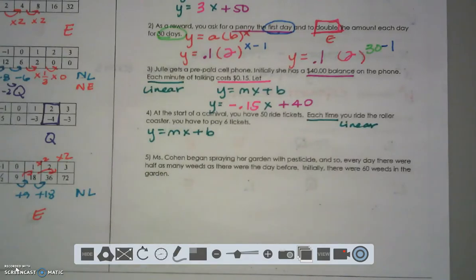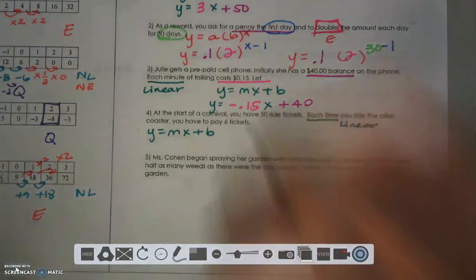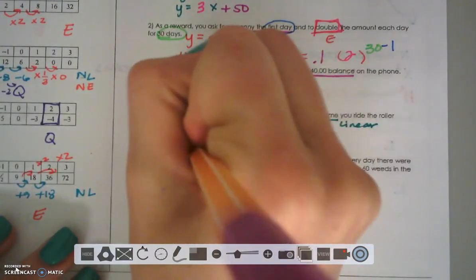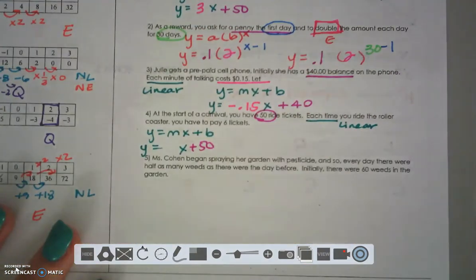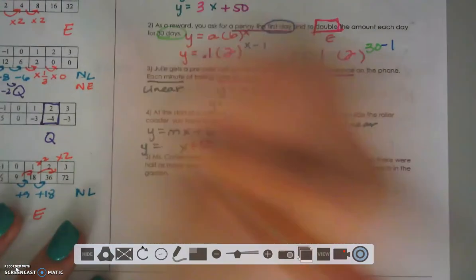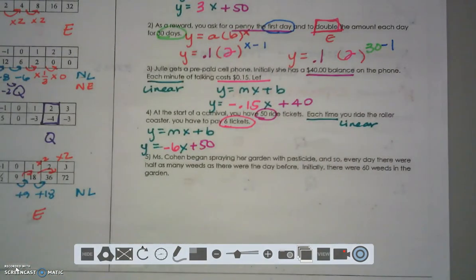What is my initial amount? Let's start there. How many tickets am I starting off with? Did you answer me and say 50? You would be correct. So now I need to know my slope. How many tickets am I losing each time I get on a ride? 6. So since I have to pay those 6, I have a -6 out front.